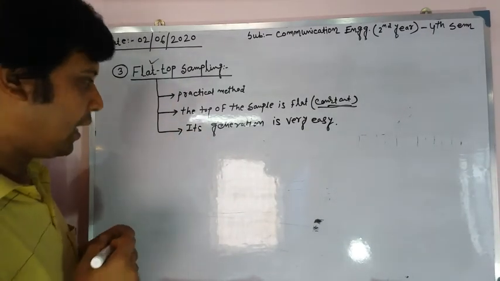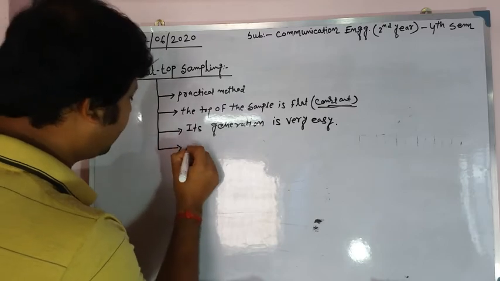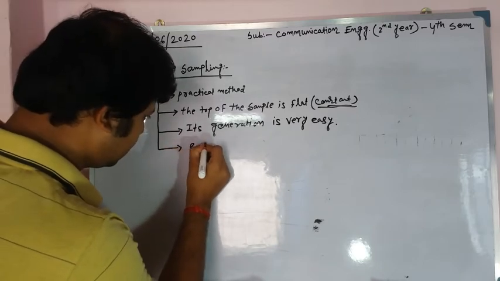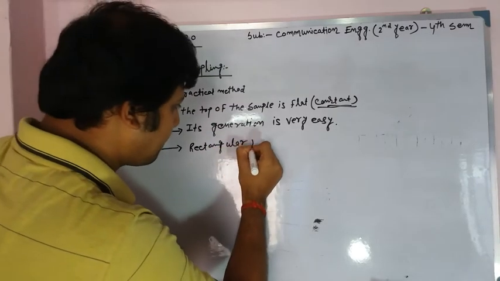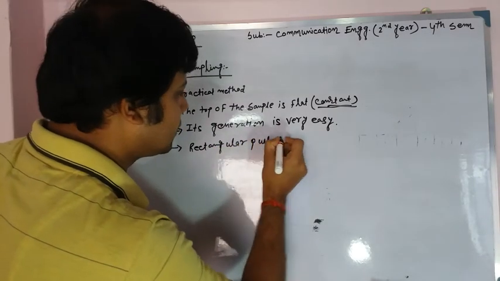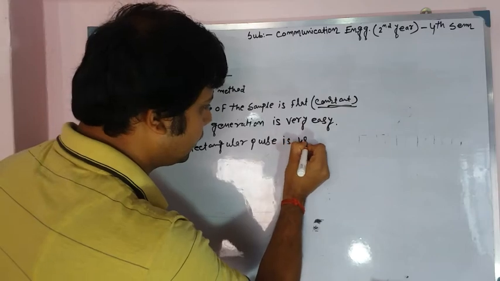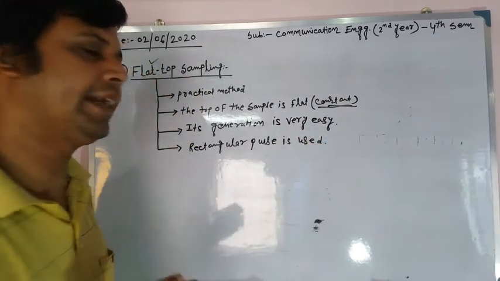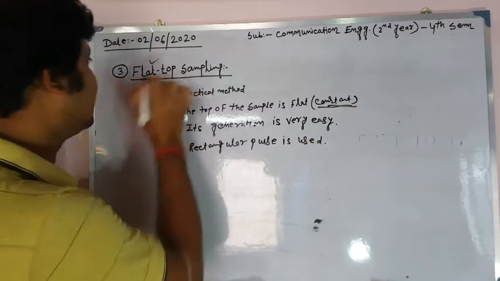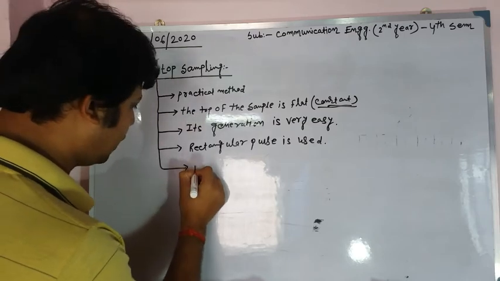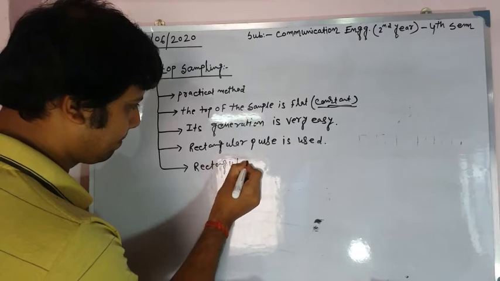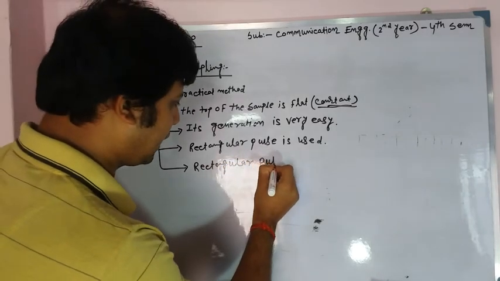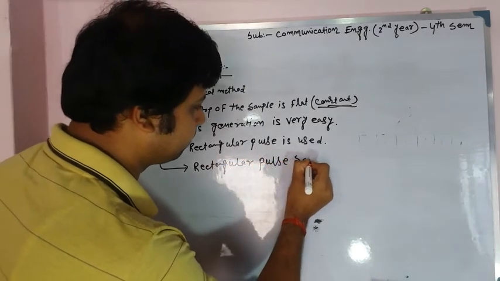And here also a rectangular pulse is used, so this sampling technique is also called rectangular pulse sampling.